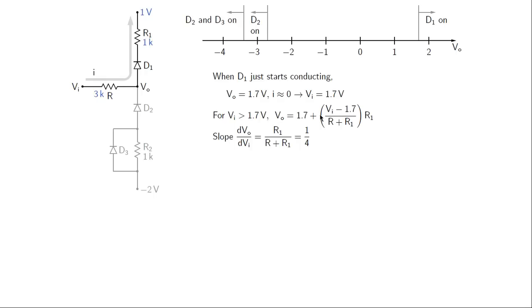So we get Vo equal to 1.7 plus (VI minus 1.7) divided by (R plus R1) multiplied by R1. So that is the Vo versus VI relationship in this region here. And what is the slope of this straight line? It is R1 divided by R plus R1, with R1 equal to 1K and R equal to 3K. This slope turns out to be 1 by 4.